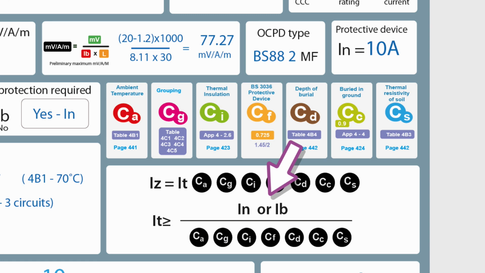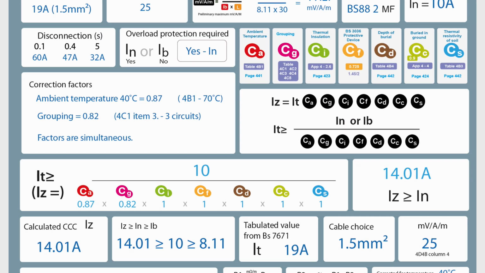If we're in a high ambient temperature, our cables are grouped together, or they're going through insulation, those cables find it harder to lose their heat, and so the copper conductor will increase in temperature, and with an increase in temperature you get an increase in resistance. And with an increase in resistance you might start having issues with your earth fault loop impedance, your disconnection times, and the cable might overheat. We want to stop our cables getting above their maximum operating temperature.